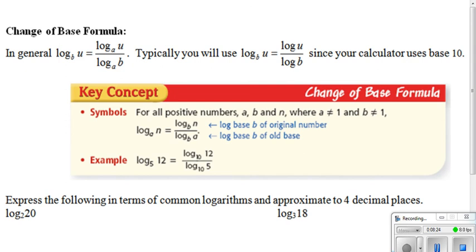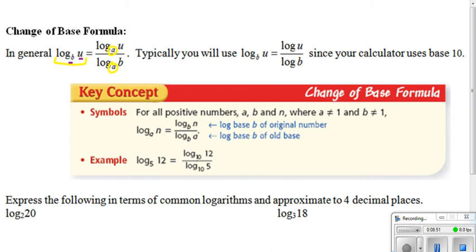So, general form of the change of base formula. If we are ever given log base b of u, we can say that it's the same as log base a of u over log base a of b, for any number that we pick for a. We can choose what it is there, assuming u and b were already given to us.